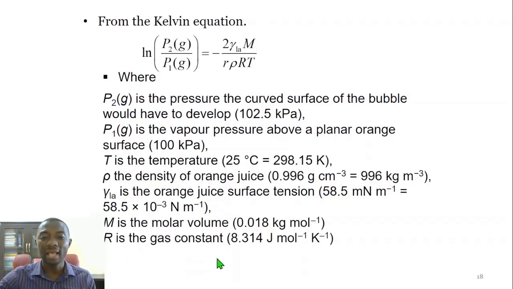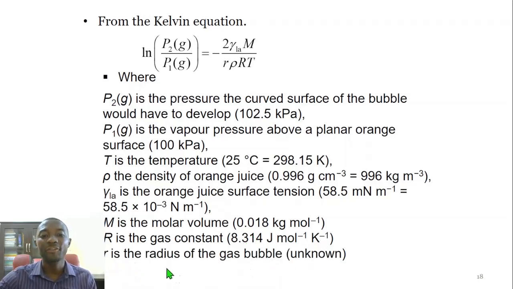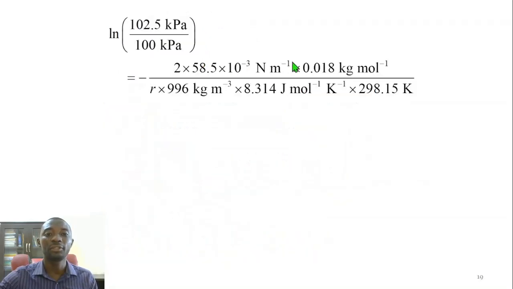R is the gas constant, 8.314 joule per mole per Kelvin. r is the radius of the gas bubble, which is unknown. And we substitute these values into the Kelvin equation.